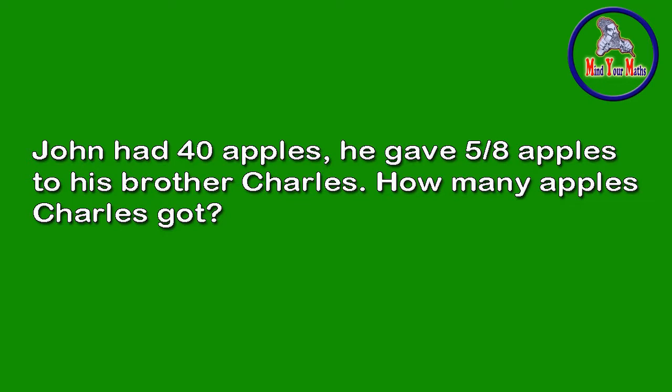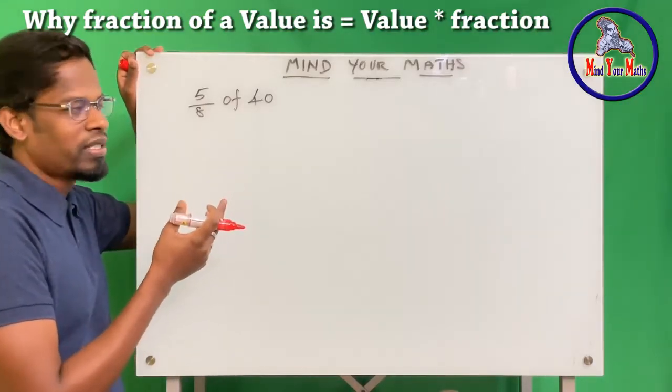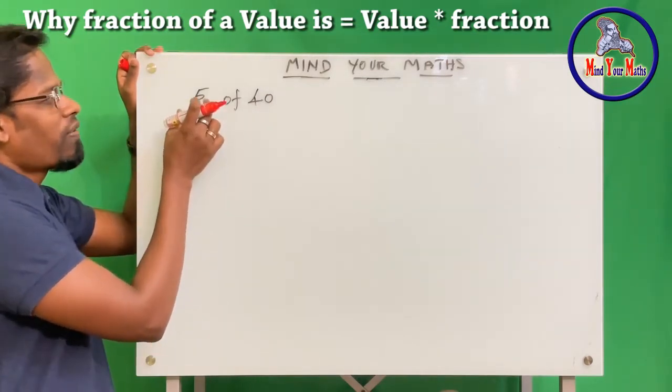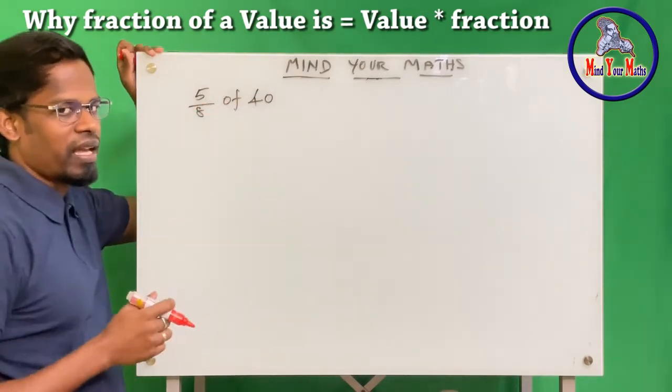How many apples did Charles get? That is the problem, put in a scenario. So we need to find what is 5 over 8 of 40, and that is the answer.